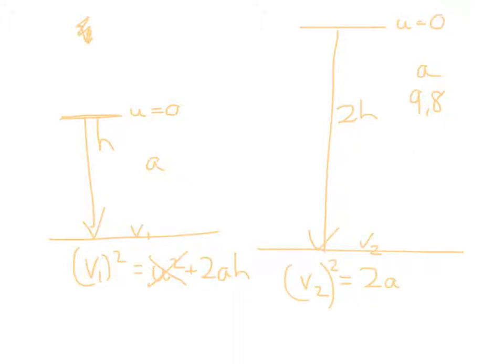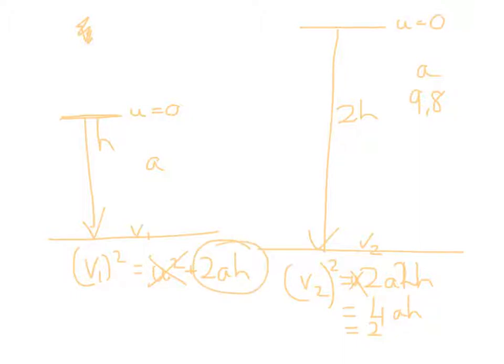Again, it starts at 0, so u gets cancelled out. So it's 2a times 2h. So now I am landing up with 4ah, which means that it is double the old value.